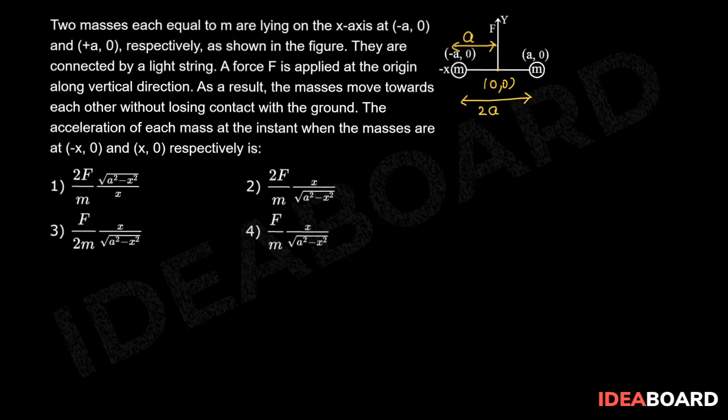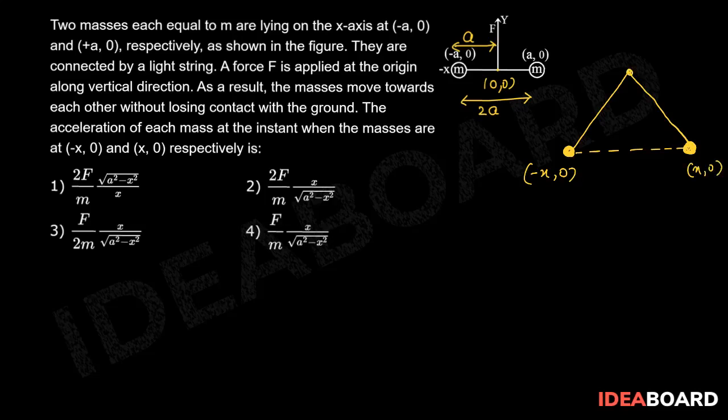So let us draw the arrangement when the masses are at minus x comma 0 and x comma 0 respectively. This is the line joining those two masses. The coordinates of the masses are minus x comma 0 and x comma 0.